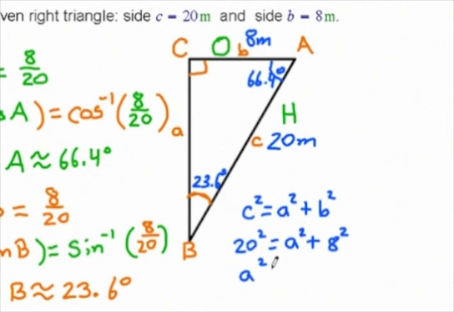So a squared is going to equal 20 squared minus 8 squared. 20 squared minus 8 squared, 336. And then all we have to do is square root that, and we have our approximation. So a is approximately 18.3. And this is measured in meters. So this side is 18.3, and we have solved this right triangle.